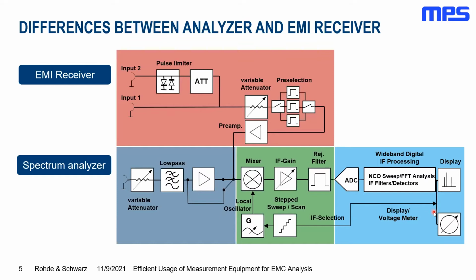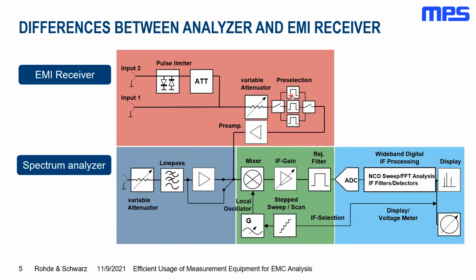In comparison, an EMI receiver is not only a spectrum analyzer with something in addition. It has more or less these additional blocks up front. So those are not equivalent, even though we still have some limiters and also some attenuators at the beginning. But the most important thing is the pre-selectors. So these frequency switchable filters.